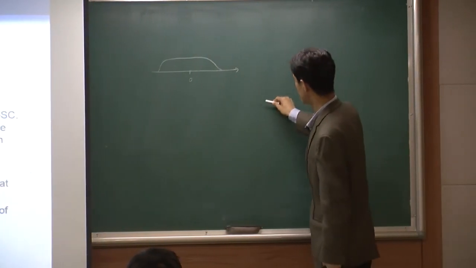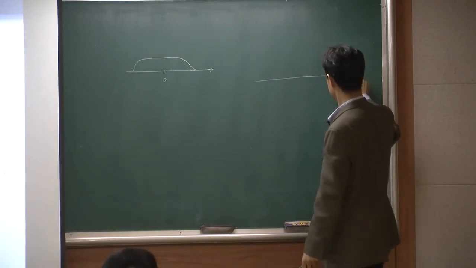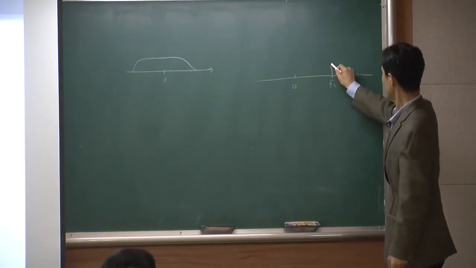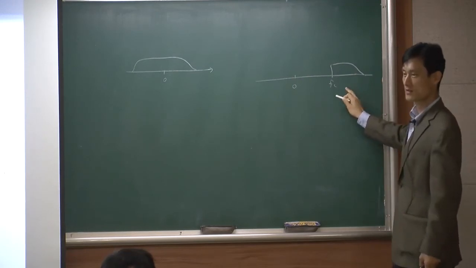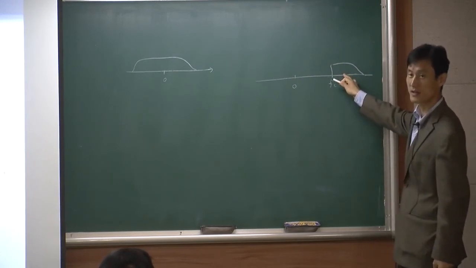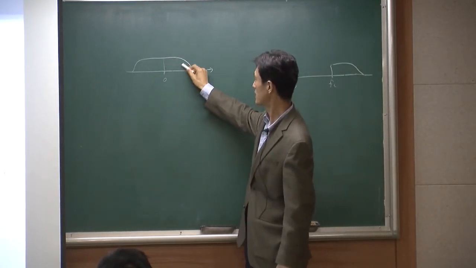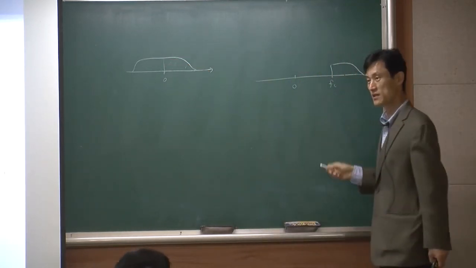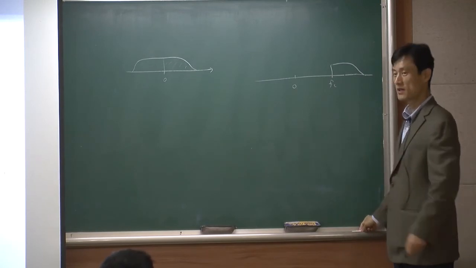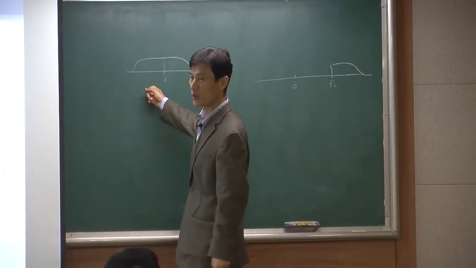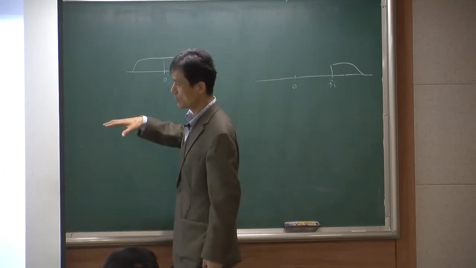Once you use SSB for this guy, now it's going to be like this, right? Since you are using only the upper sideband, you are taking only this guy. So this kind of single sideband is not good for this kind of wideband signal.